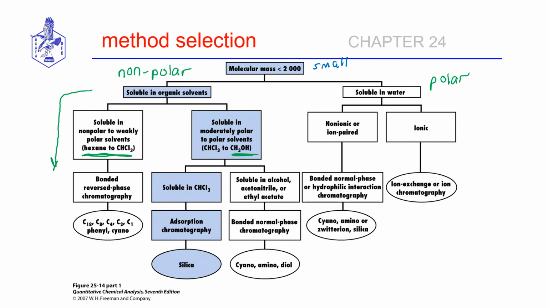The best separation technique is reversed phase HPLC. Remember, reversed phase is when the stationary phase is less polar than the mobile phase. Appropriate stationary phase materials to bond to our silica surfaces are those shown here.